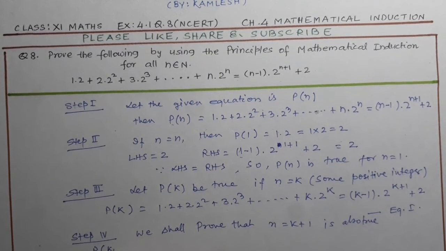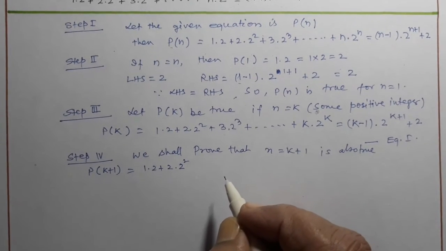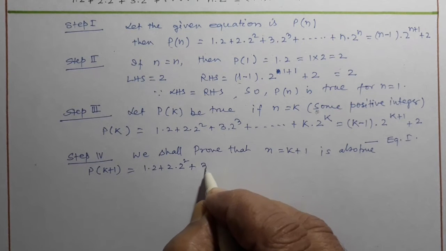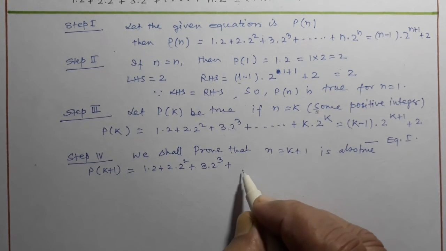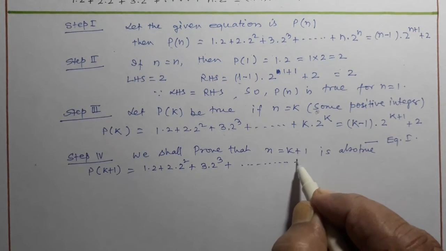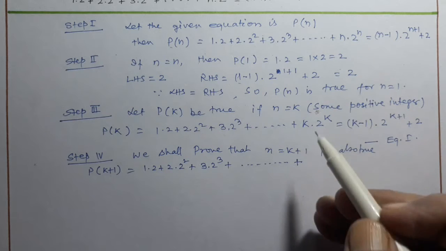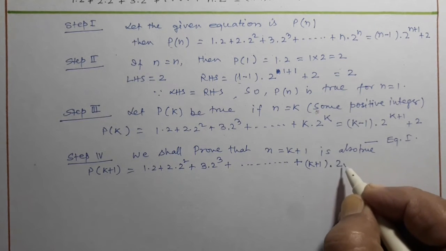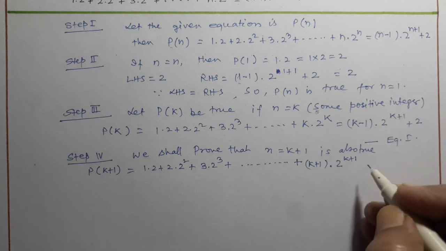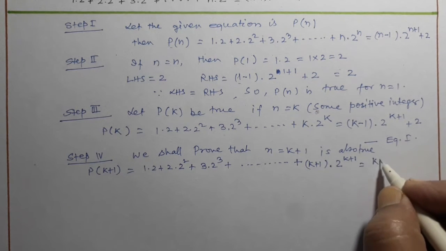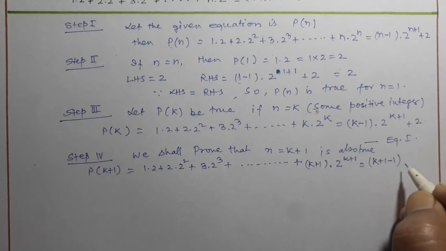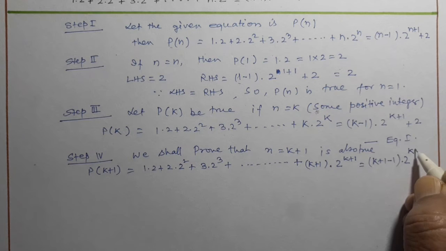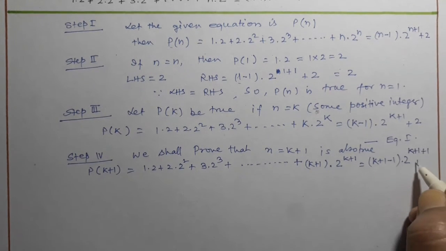So P(k+1) will be 1·2 + 2·2² + 3·2³ + ... + (k+1)·2^(k+1) = ((k+1)−1)·2^(k+1+1) + 2, right?